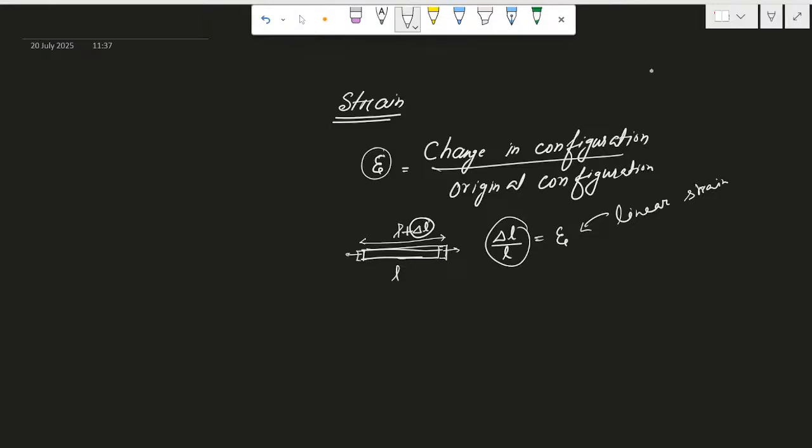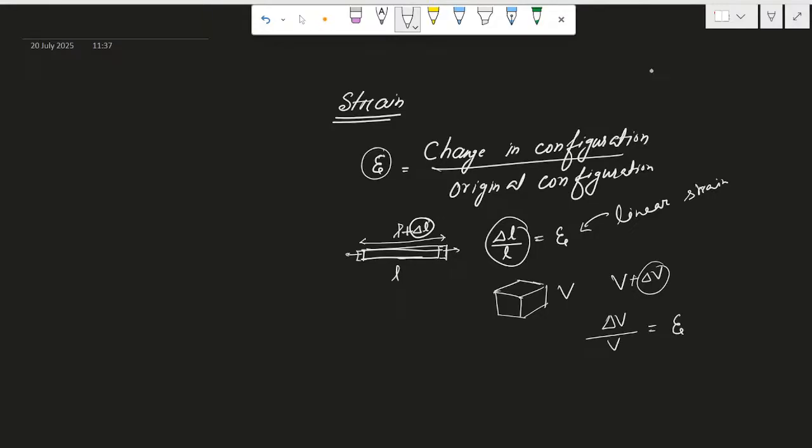See, for volume it is quite easy. If you have a cube like this, and the original volume is V, if it gets changed to V plus delta V, so this is the change in volume. So delta V by V is the volumetric strain in this case.